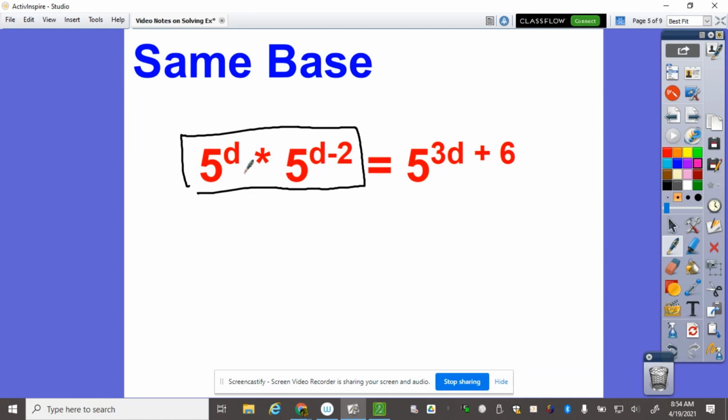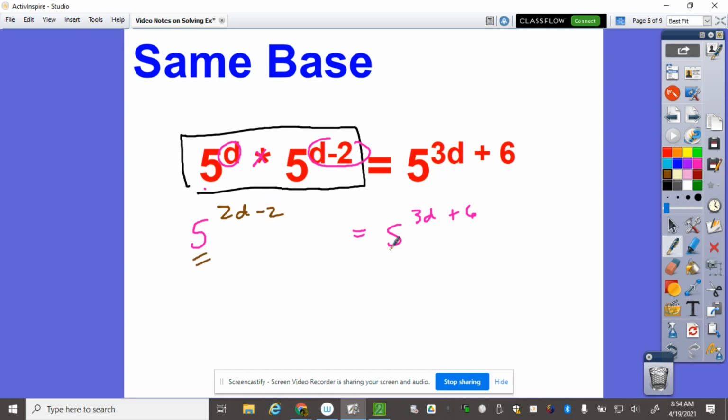So here I can combine this because it's multiplication. I will add the exponents. And then we have now 5 to the d plus d minus 2 is equal to 3d plus 6. We all know that d plus d will be just 2d, so I can just erase this one here and make it 2d minus 2.